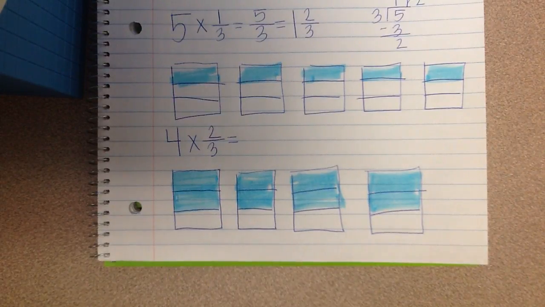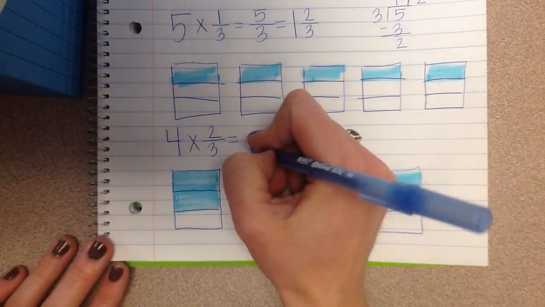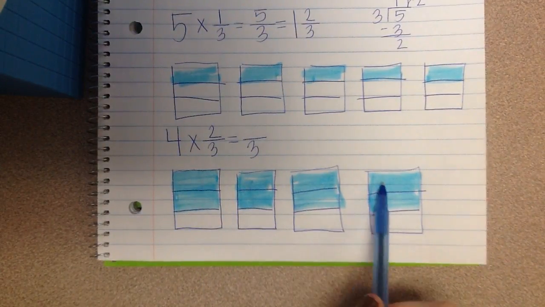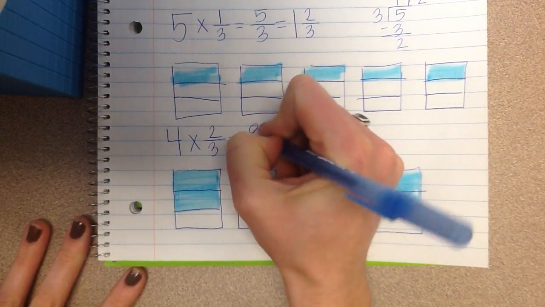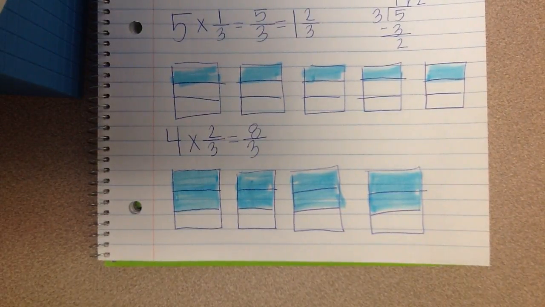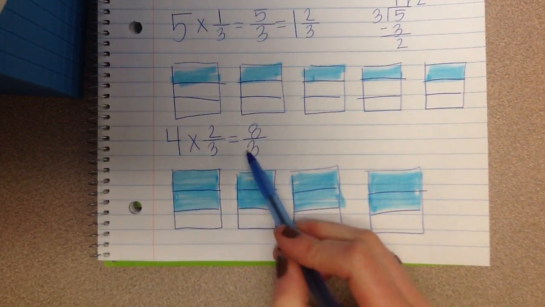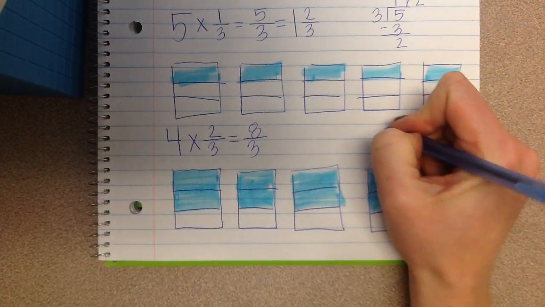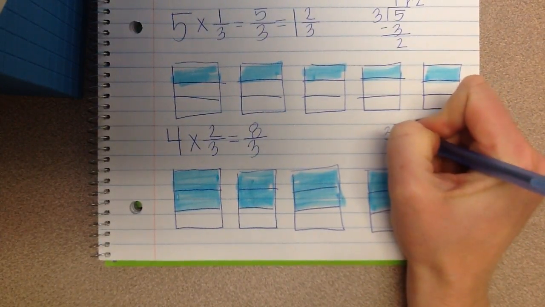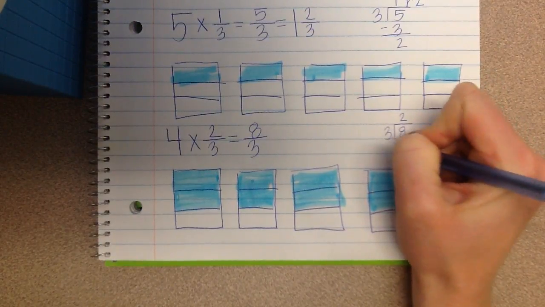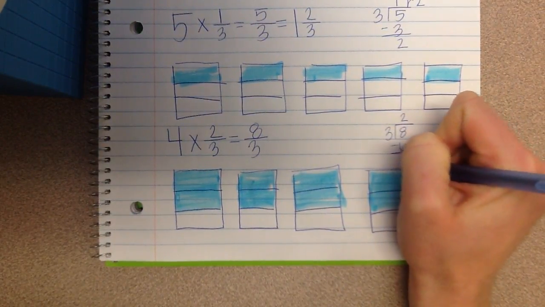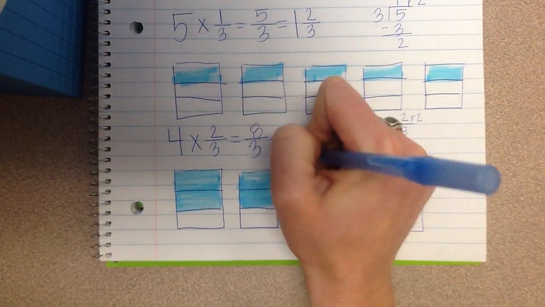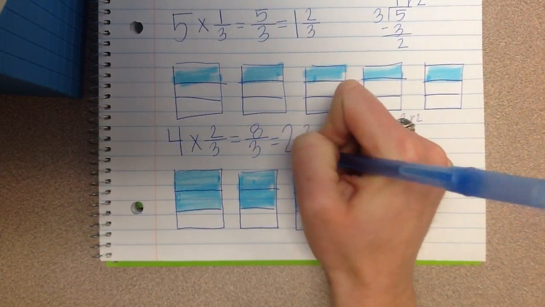So I've colored in 2/3 of each, and I know my denominator is going to be 3, and I have 1, 2, 3, 4, 5, 6, 7, 8. Once again, because my denominator is smaller than my numerator, I'm going to say 3 into 8, and that's 2, 6, 2, remainder 2. So then now I have 2 and 2/3.